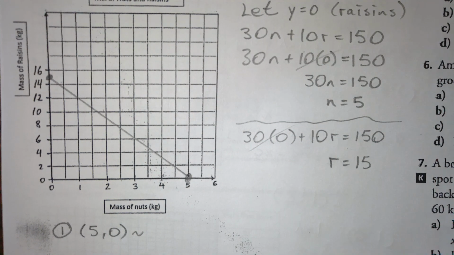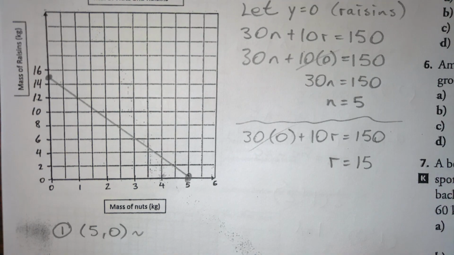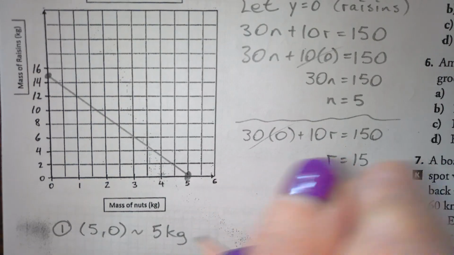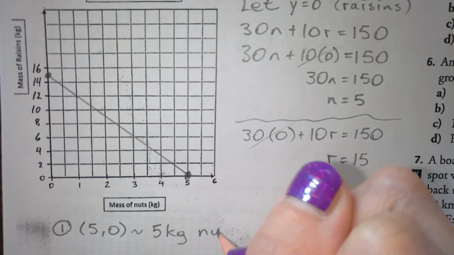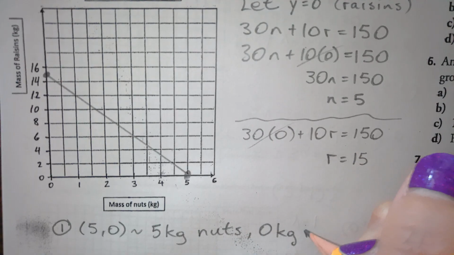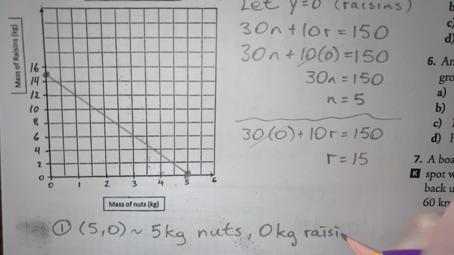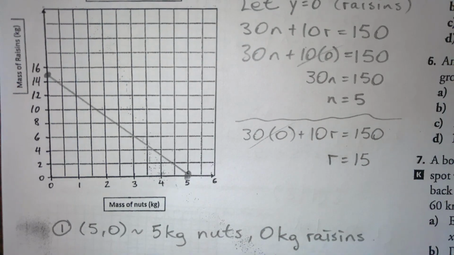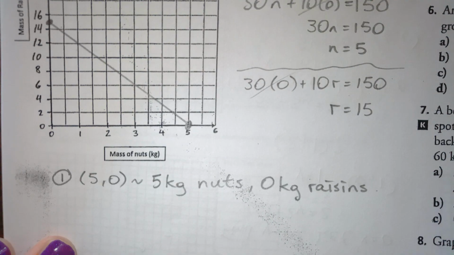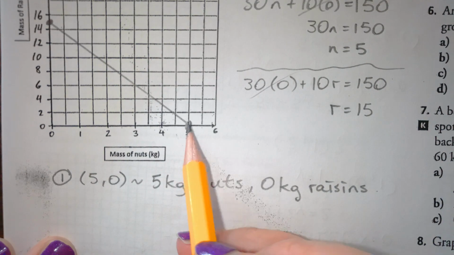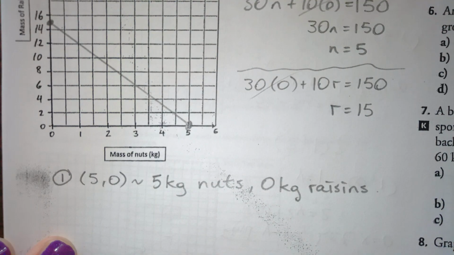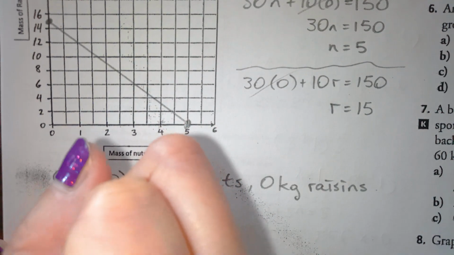Explain this, explain that. 5, 0 means that you got 5 kilograms of nuts and 0 kilograms of raisins. Perfect. I could teach you to do all the math, but you need to understand what you were looking for, what the answers represent. So in this case, 5, 0 means I got all nuts, and that's why it cost me $150. And I got no raisins. I picked out all the raisins.